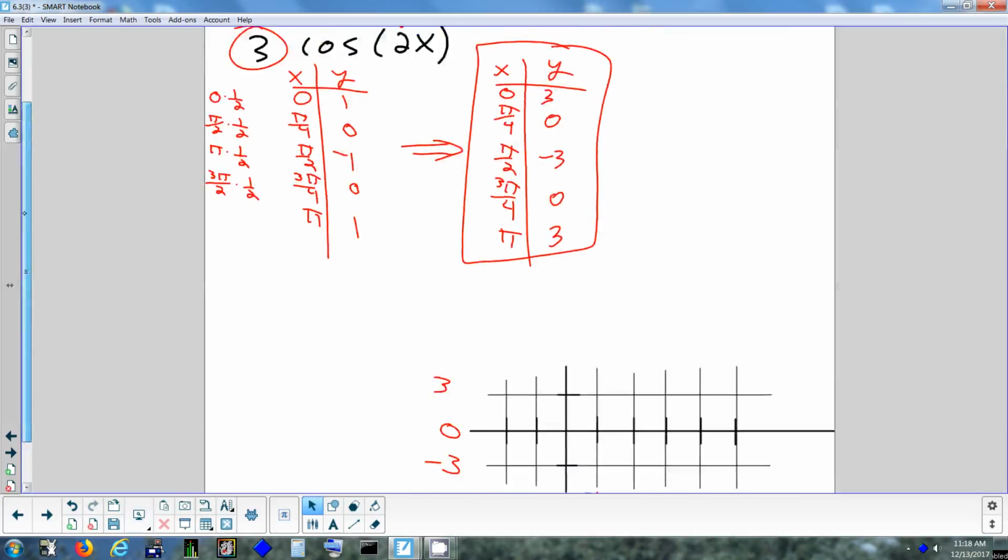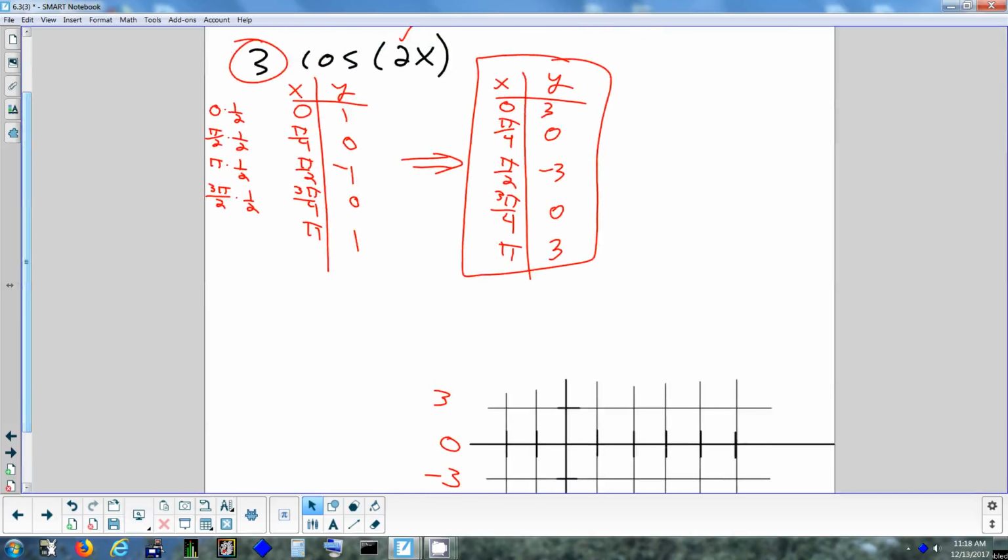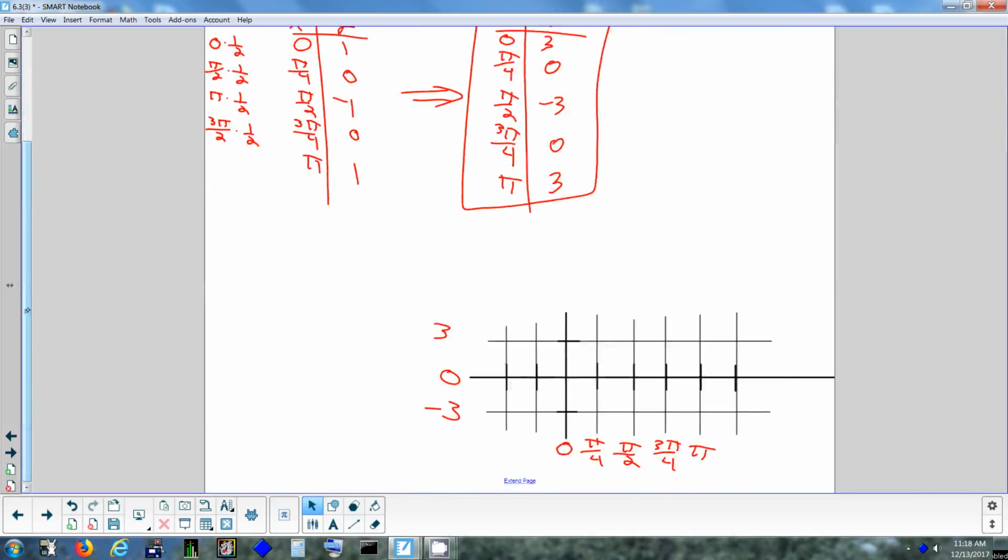Okay. So this is going to look kind of like the V shape. Okay, but remember, it's more curved. So 0, 3, 0, negative 3, 0, and then pi, you're back up at 3. There's your sketch.